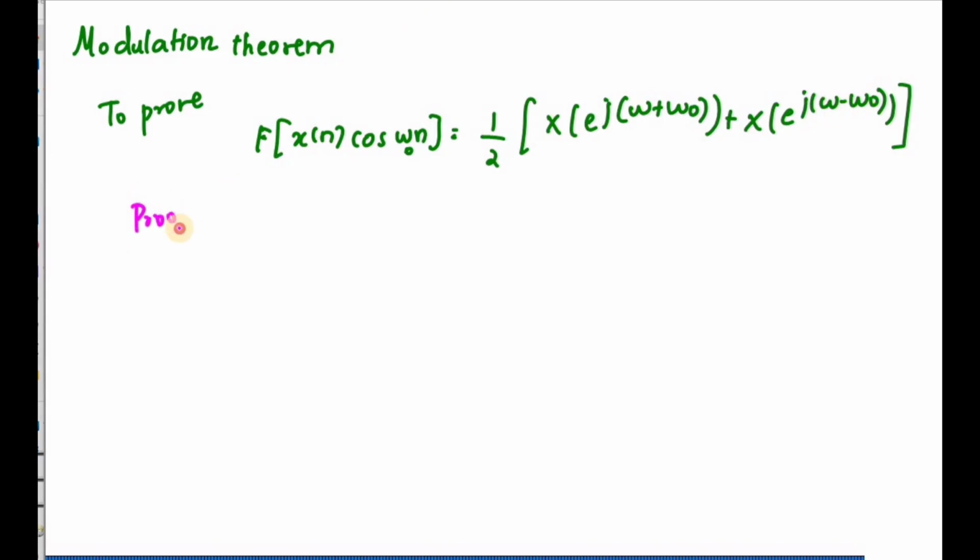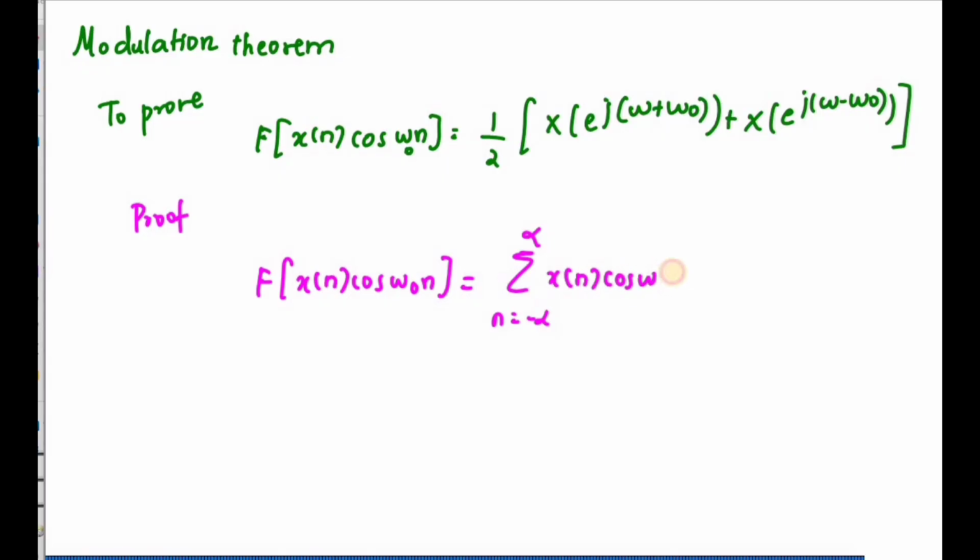Fourier transform of x of n cos of omega naught n is equal to summation n equal to minus infinity to infinity x of n cos omega naught n e power minus j omega n. So instead of x of n, I am going to substitute x of n cos omega naught n.